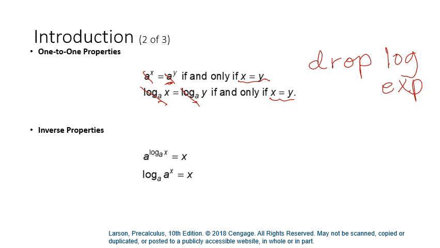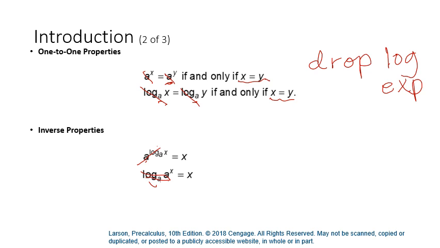And the inverse property basically just reminds us that logs and exponentials are inverses of one another. So if I raise an exponential to its log inverse, they cancel out. And if I take a log with a base a of an exponential with a base a, they also cancel out, and you're just left with x.